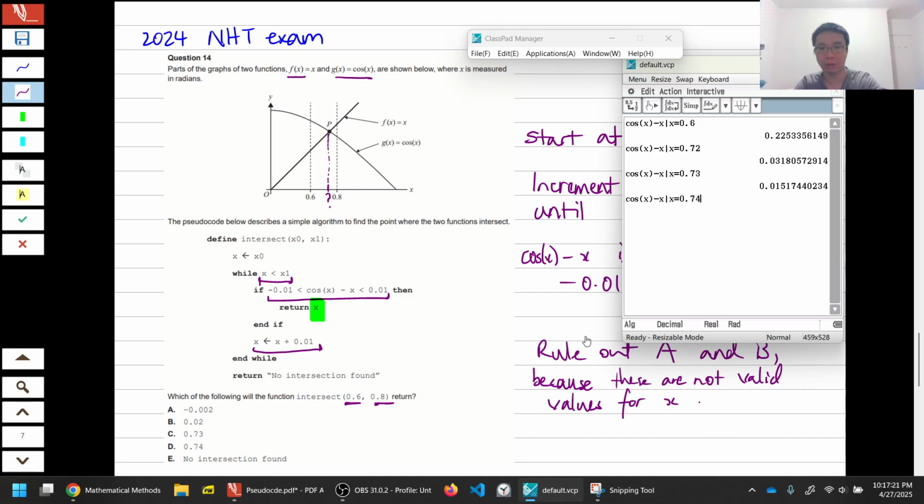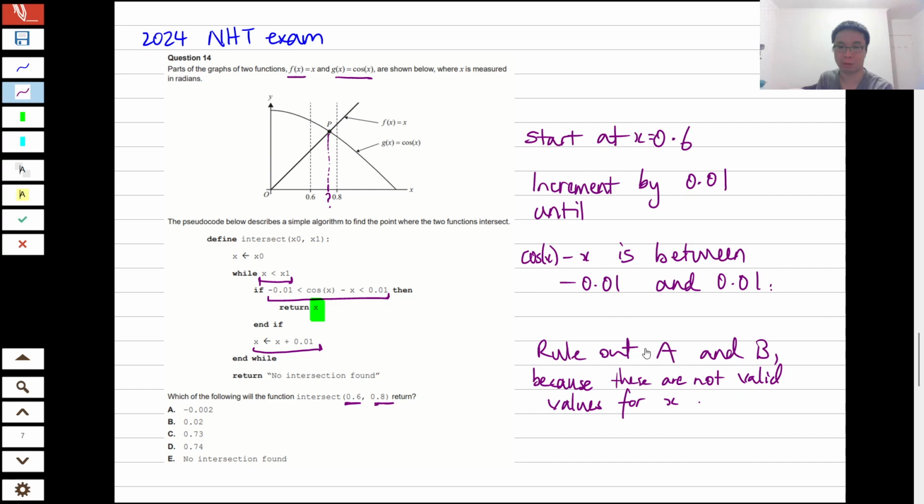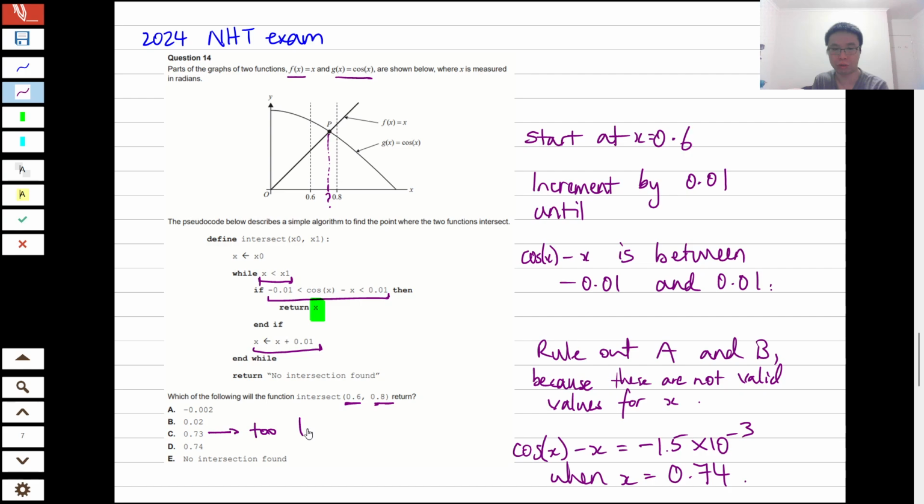So only when I reach 0.74 do I get minus 1.5 times 10 to the minus 3. When x equals 0.73, it's too large. So the answer is option D.